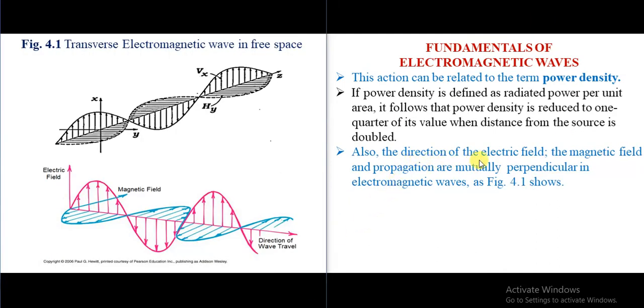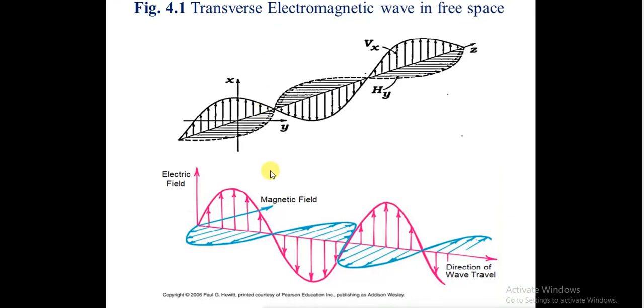Now the direction of the electric field, the magnetic field, and the propagation are mutually perpendicular to each other. So these diagrams represent transverse electromagnetic wave in free space. Both these diagrams are exactly the same.